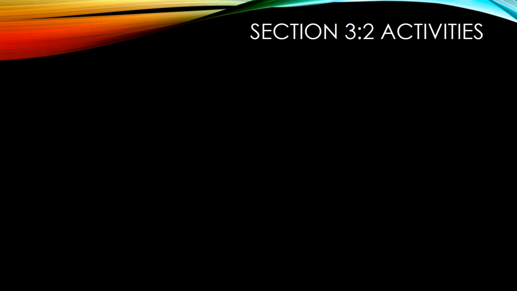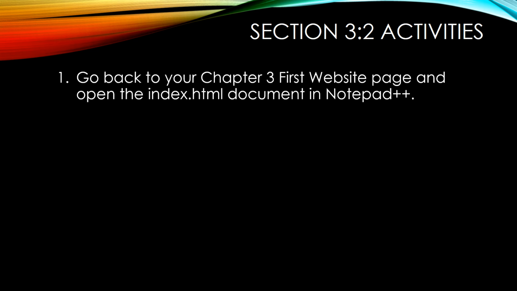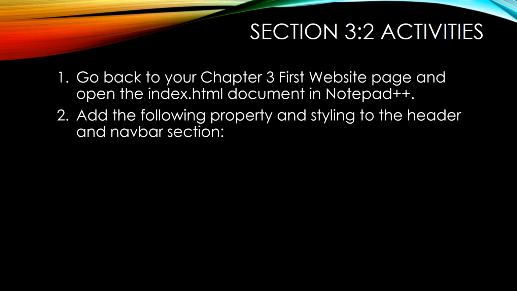You have just finished section 3-2. Now it's time for your activities. Go back to the chapter 3 first website page, open up the index.html document in Notepad++. Add the following properties and styling to the header and navbar sections.